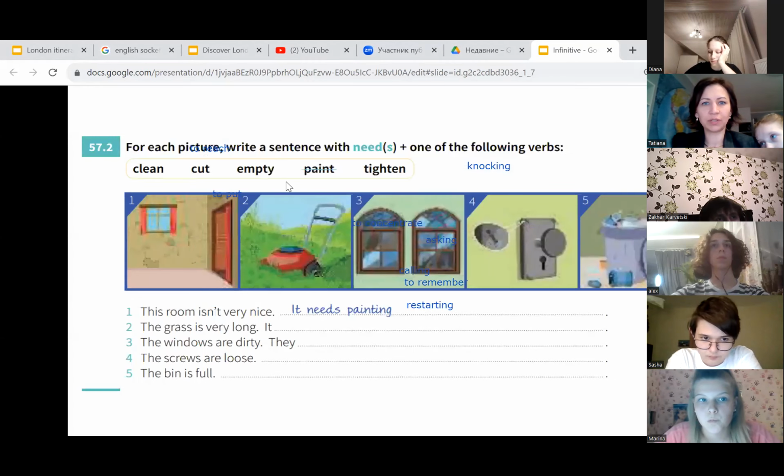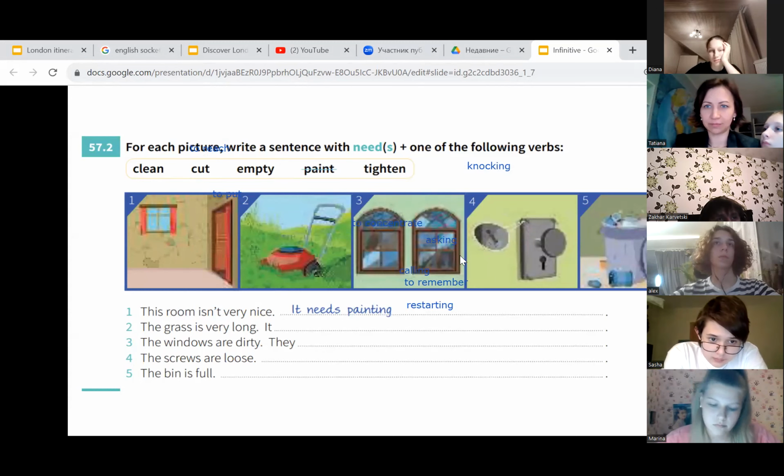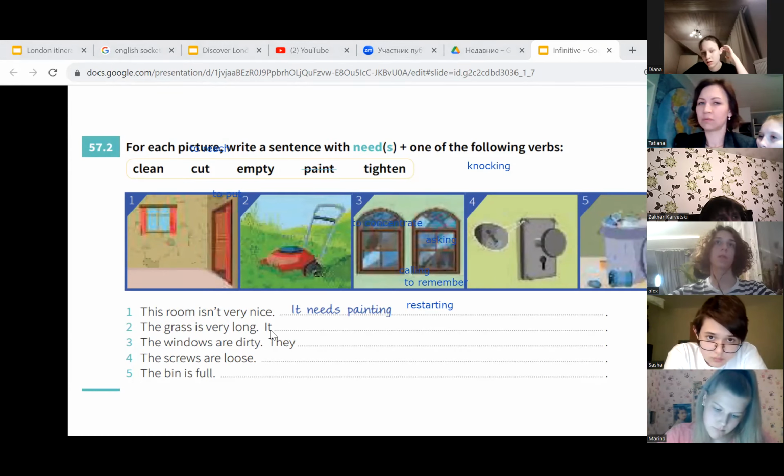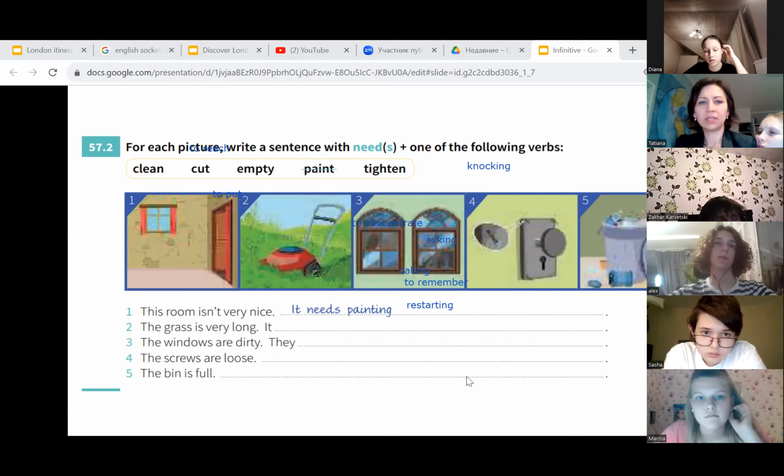Okay, just put these verbs in the right form with need: doing, or to do. This room isn't very nice. It needs painting. Alex, number 2? The grass is long. It needs cutting. Marisha?